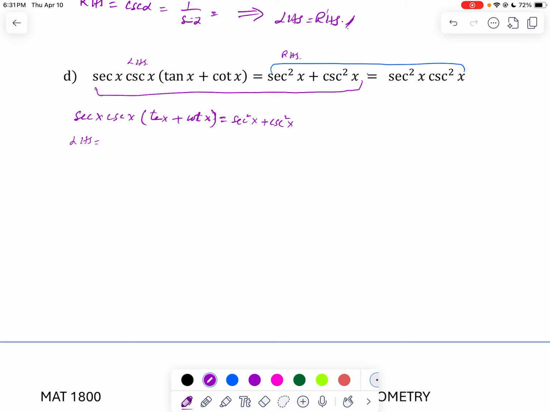Now, we don't see sine or cosine on the left side or on the right hand side, but because we are less used to secant, but we see tangent. So tangent is kind of encouraging us to change everything to sine and cosine.